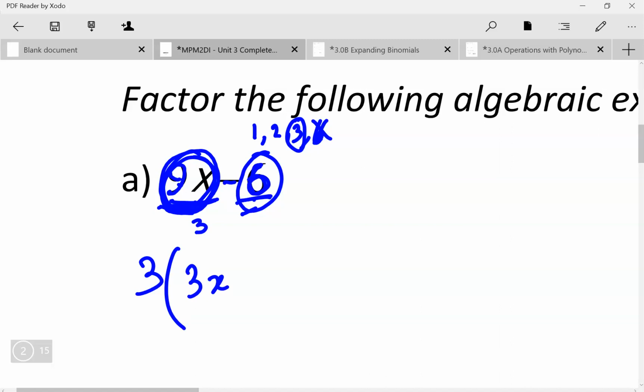Negative 6 divided by 3 is negative 2. So what I've done is I've technically divided both these terms by a 3, and I can't just divide by a 3. So what that means is I've taken out the 3, I've divided out a 3, and what is left after my division is inside the bracket.